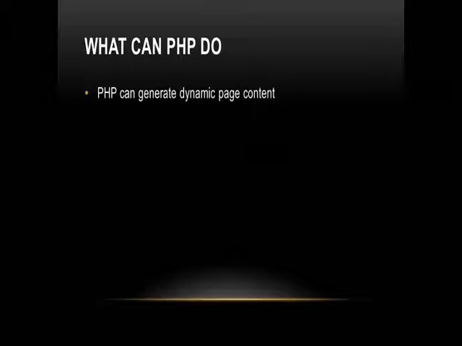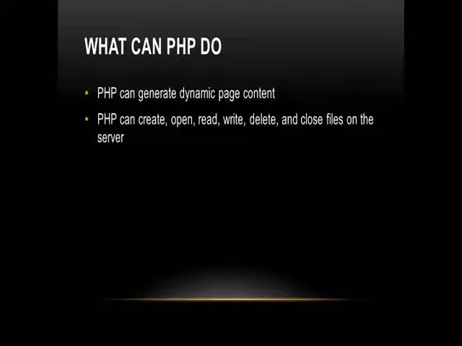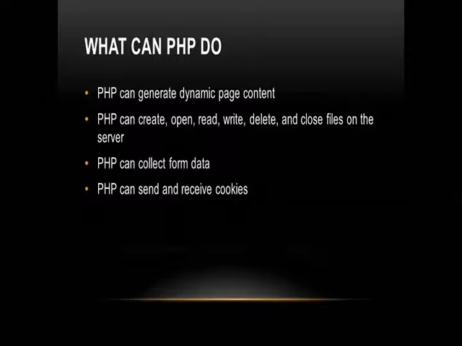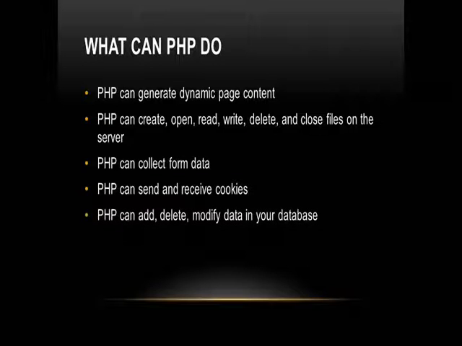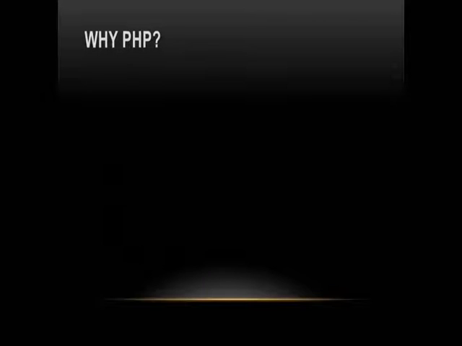PHP can generate dynamic page content. It can create, open, read, write, delete, and close files on the server. It can collect form data and receive cookies, like we said earlier. It can add, delete, and modify data in your databases. And PHP can be used to control user access, plus encrypt data, as we all know.